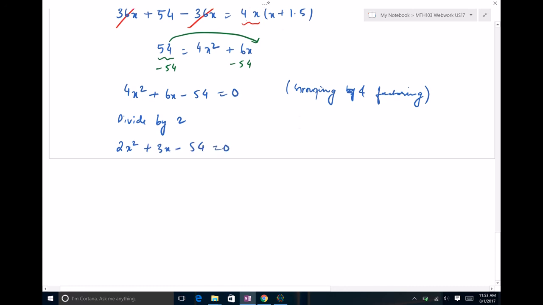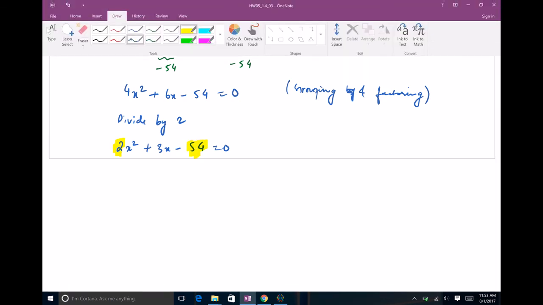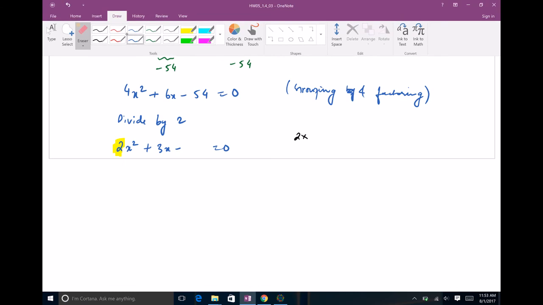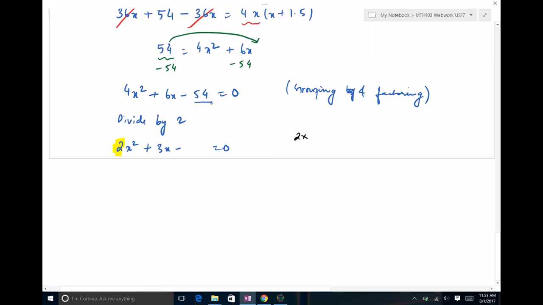Now when your x squared has a coefficient, it's really important to not neglect that. So what you need to do is you need to multiply 2 times, well, sorry, not 54. 54 is divided by 2, so each of these terms got divided by 2, so the number here should be 27.